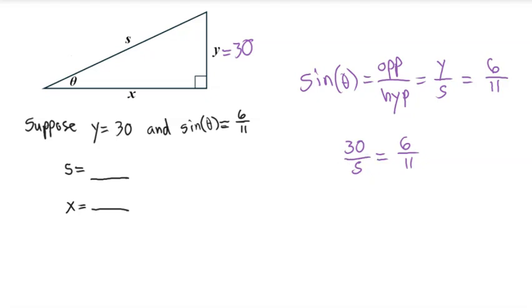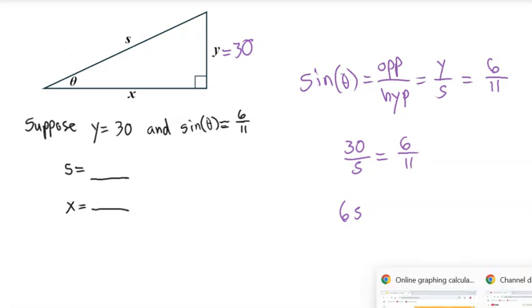Now we're going to do what's called cross multiplication. We're going to multiply the s times the 6, crossing over the equal sign, so that's 6s. Then we're going to multiply 30 times 11.